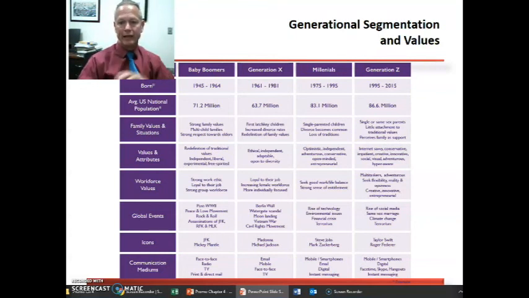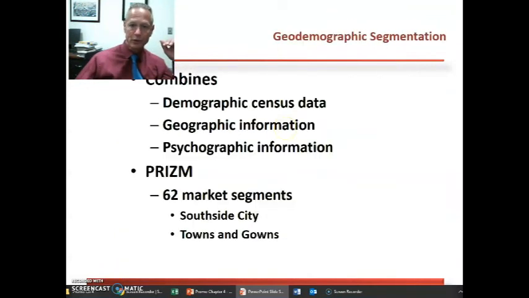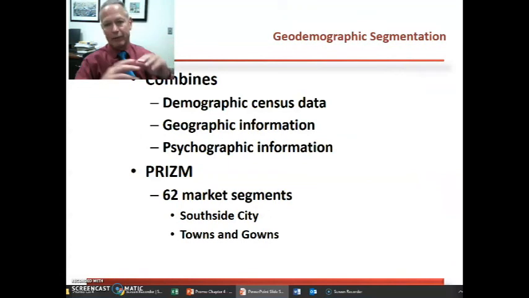I really like this because generational segmentation combines both demographic as well as psychographic segmentation. Geodemographic segmentation combines demographic census and geographic census.